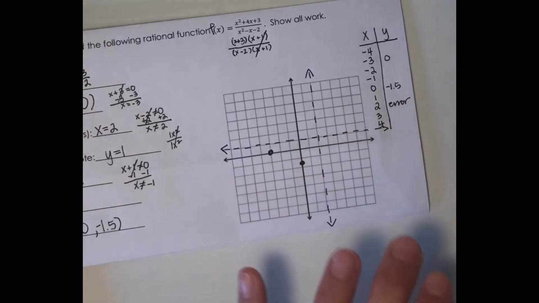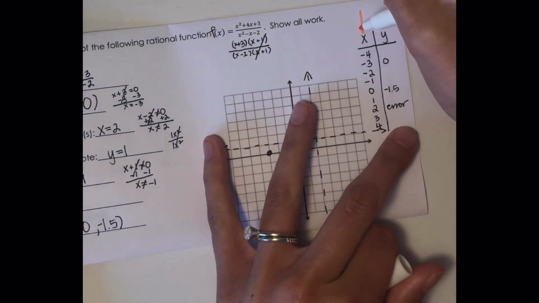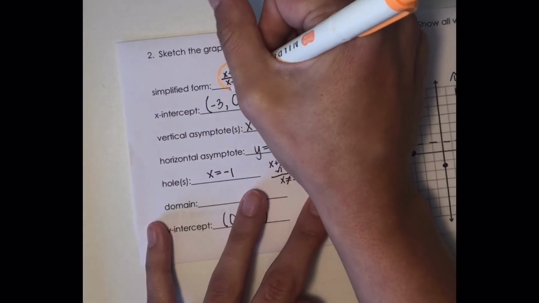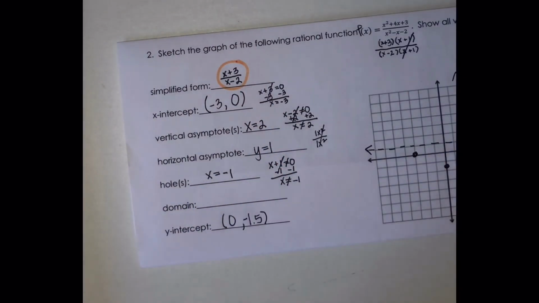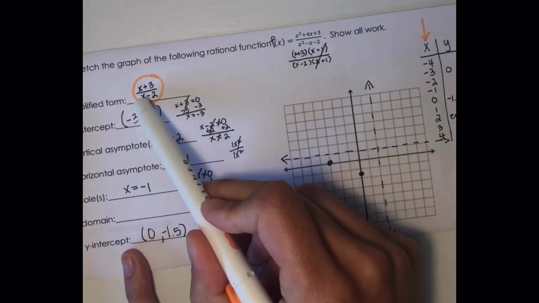So what we're going to do is we're going to plug in all of these x's into our simplified form. So I'm going to take this whole column and plug them in for x plus 3 and x minus 2.